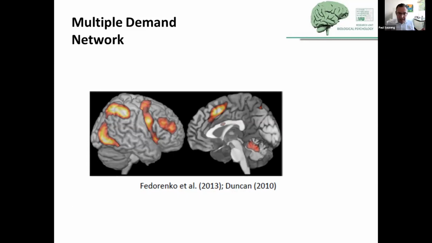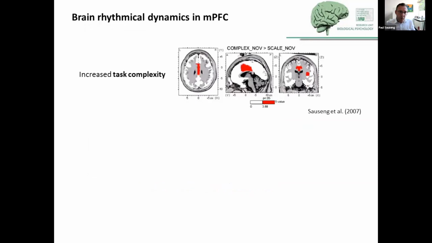And it's interesting that in a lot of studies, the medial prefrontal cortex seems to be one of the prime players in this network. And activity from the medial prefrontal cortex apparently can also be acquired with the human EEG. So, for instance, when you have a task with different levels of complexity, then quite often you can find increased EEG activity in the medial prefrontal cortex when complexity is going up.